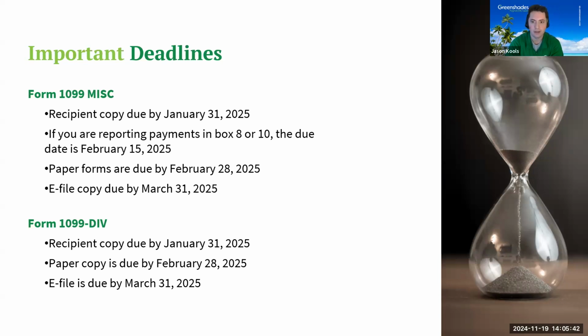There are some changing deadlines based on the information you need to report. So for example, the 1099 miscellaneous and 1099 NEC both have a recipient due date of January 31st of 2025. But if you are reporting payments in box 8 or 10 for the 1099 miscellaneous, the due date will be February 15th of 2025. So just be aware of any changes regarding those deadlines.